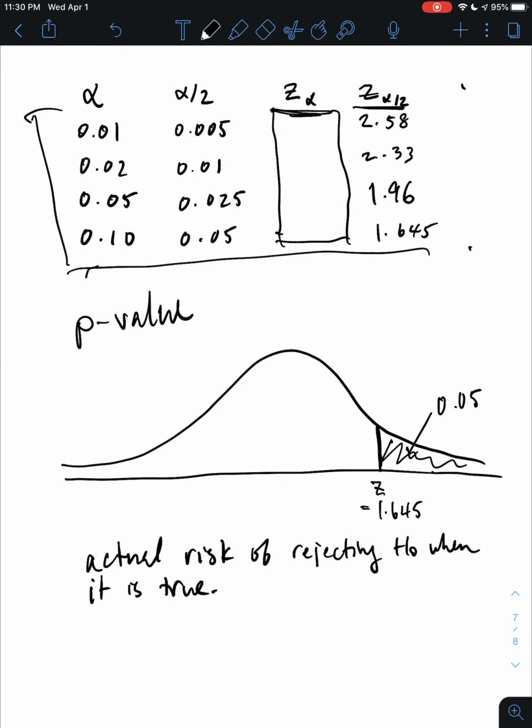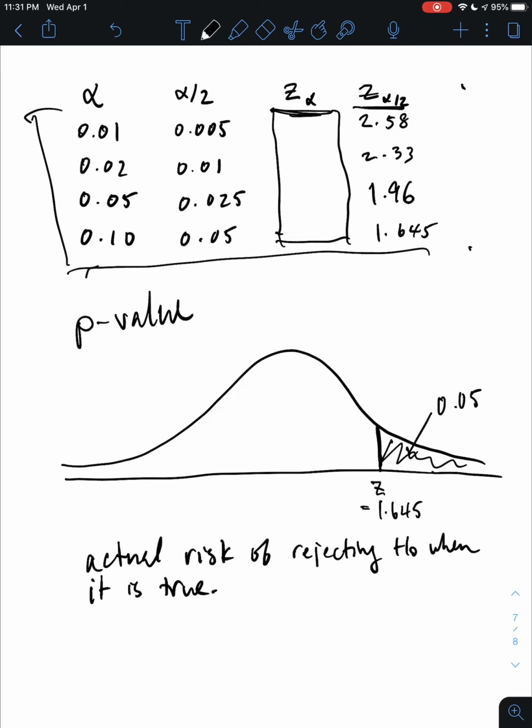So it's different from setting our confidence level in advance. We might set our confidence level in advance to be, well, whatever, 95% to 99%. That means our significance level is 5% or 1%. And then we accept or reject based on that.